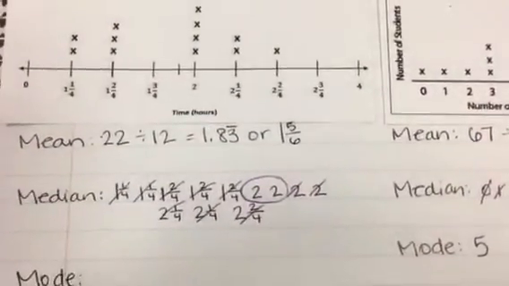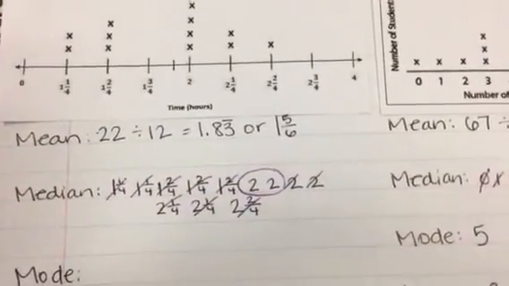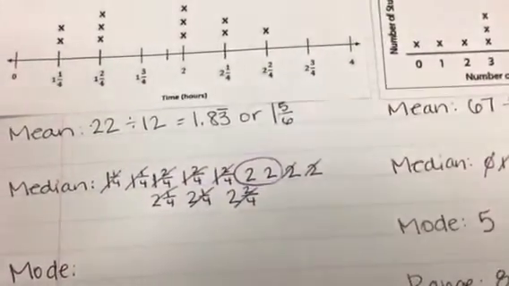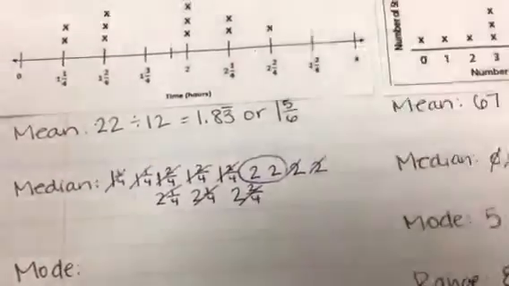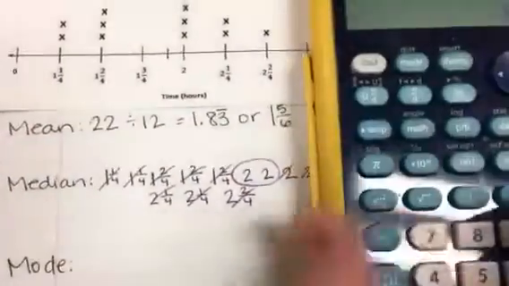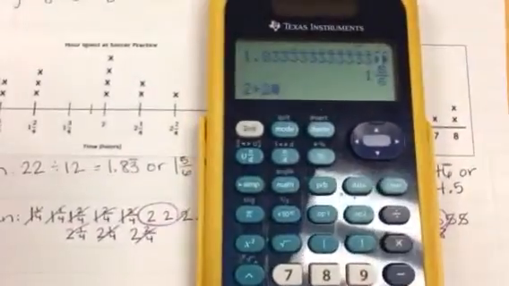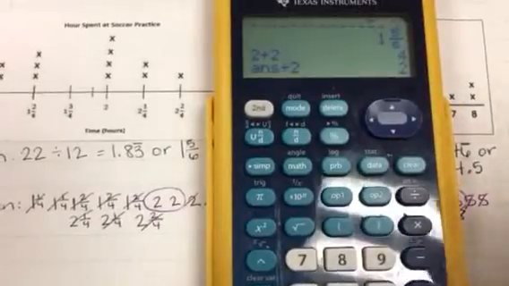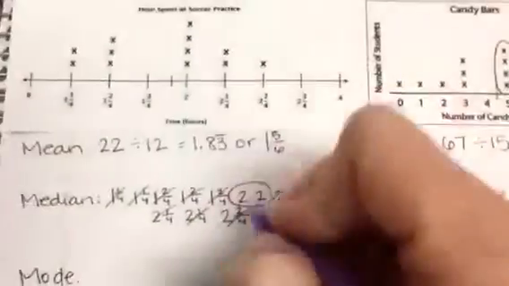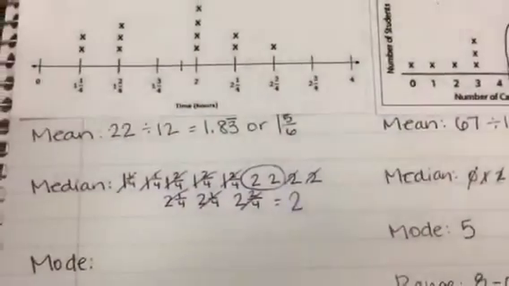Now, lucky for us, we have a 2 and a 2. And if you think about numbers, and you have a 2 on a number line and a 2 on a number line, what's in the middle of those 2? Well, it has to be a 2. But if you don't believe me, you can add up 2 plus 2 and that gives you 4, and then you divide it by the 2 values that you had. And so the median of my set of data is a 2.